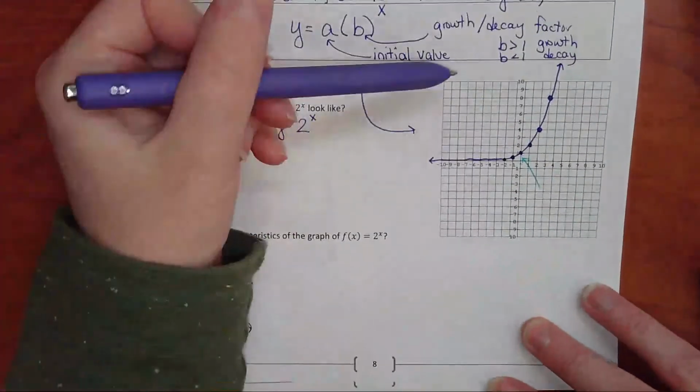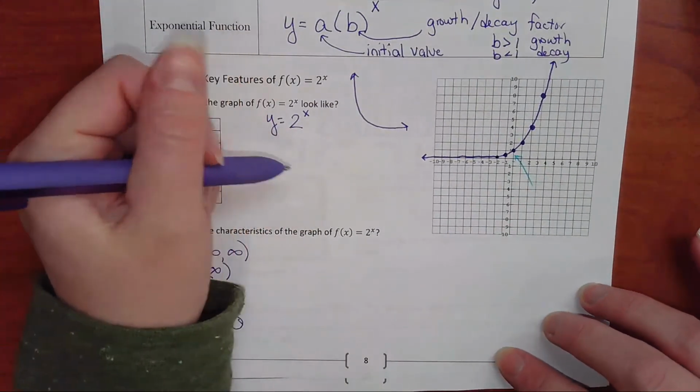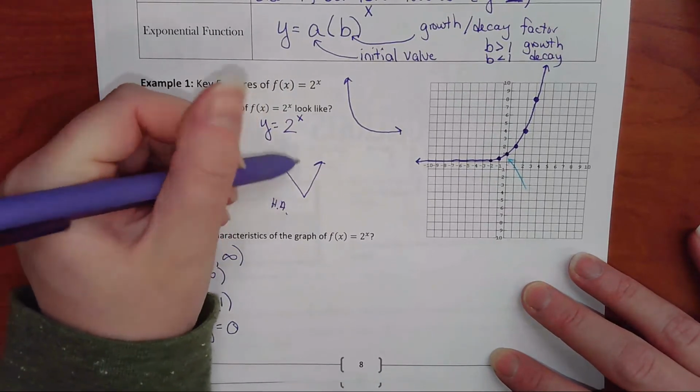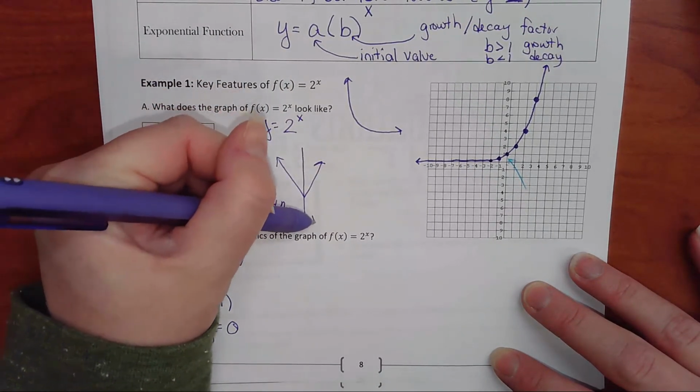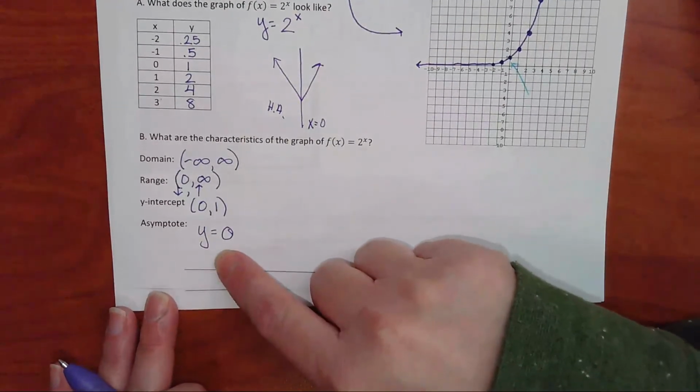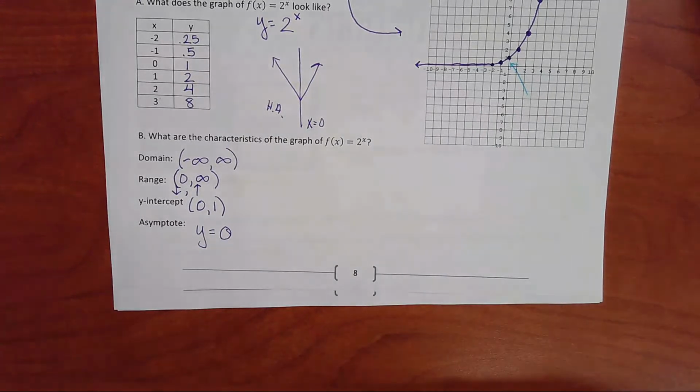Kind of like when we did the absolute values and the horizontal asymptotes: if it was on the y-axis, it was x equals 0. If it's on the x-axis, it's y equals 0. I know that's kind of weird. Bear with me on that one.